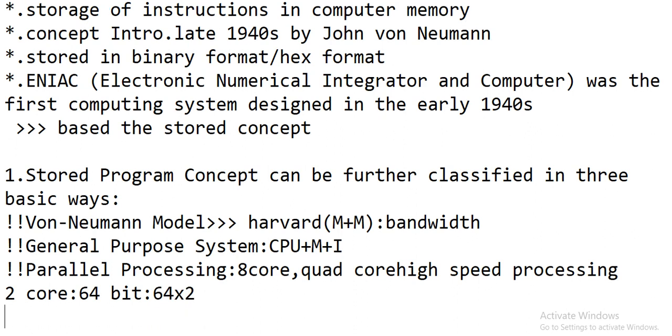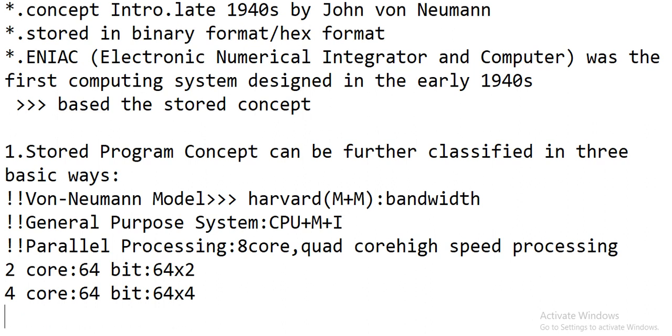Assume you have a quad core, so I am writing 4 core, and your processor is a 64 bit processor. What will happen: 64 multiplied by 4, that much data can be transferred at once. If you have an 8 core octa core processor and it is a 64 bit processor, then 64 multiplied by 8, that much data can be transferred at once.